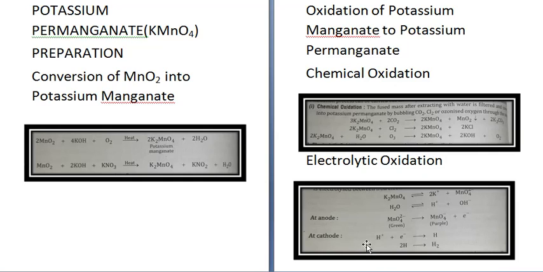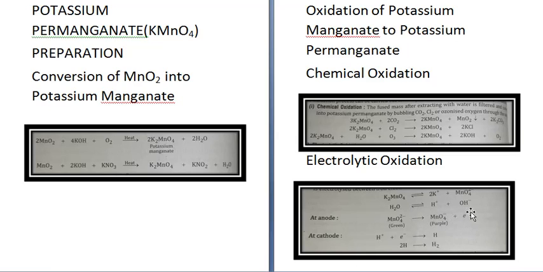The next method is electrolytic oxidation. It is the preferred method. In this, alkaline potassium manganate solution is electrolyzed between iron electrodes. K2MnO4 gives 2K plus MnO4 2 minus, and water gets ionized into H plus and OH minus.